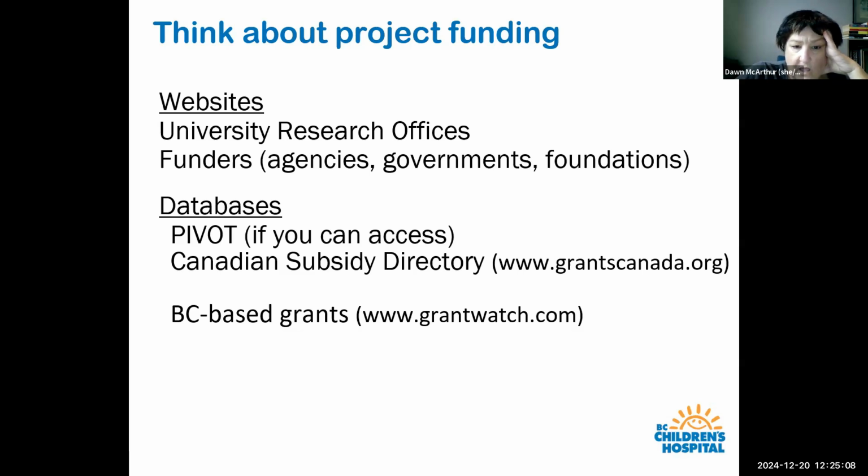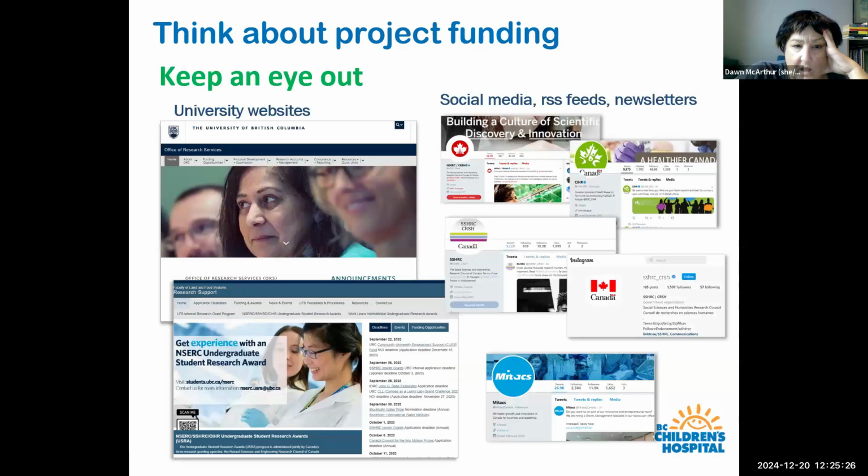When you have the keywords, just use Google or whatever your search engine is and type them in there. Make sure you put Canada if you're working in Canada. And you will eventually find the sorts of things you need. You can also sign up for university website feeds, as I said.